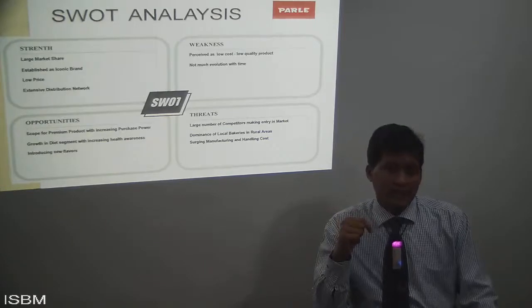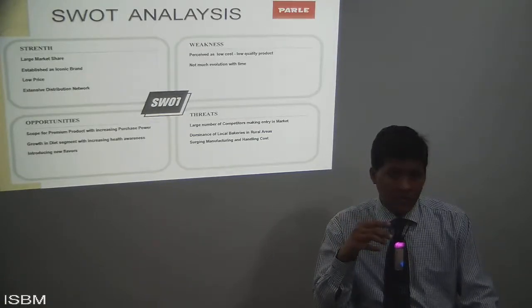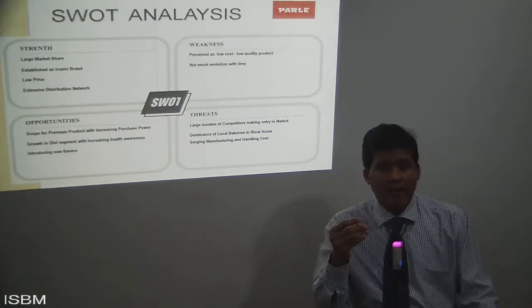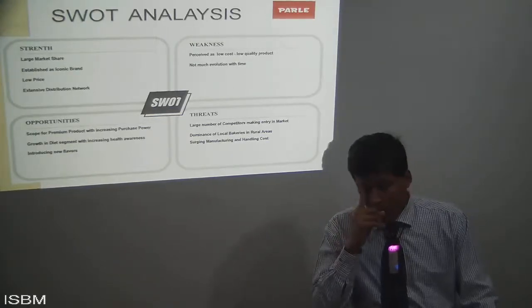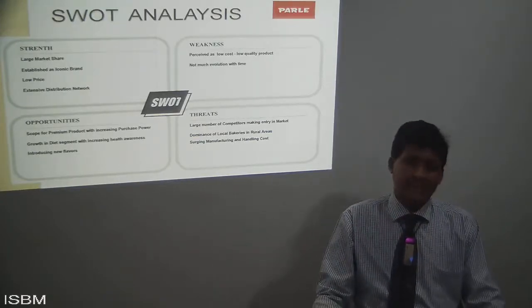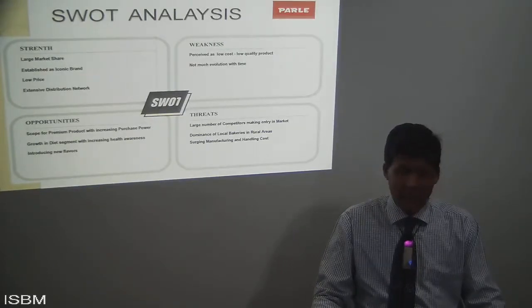But pricing, if you recollect, friends, is about perceived value. That means it is not the actual value; it is what the customer perceives the value to be. So when the cost is low, people can tend to think that the quality is low as well, which is a weakness for the brand and the organization.